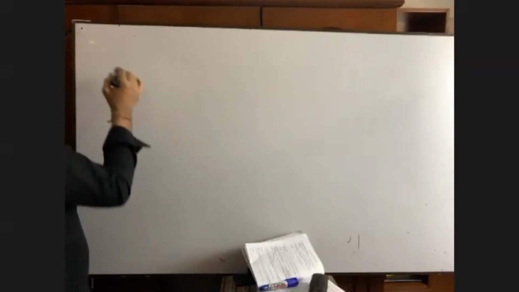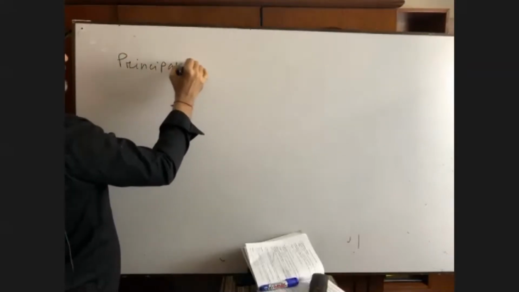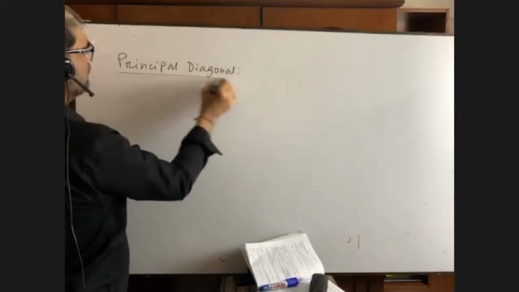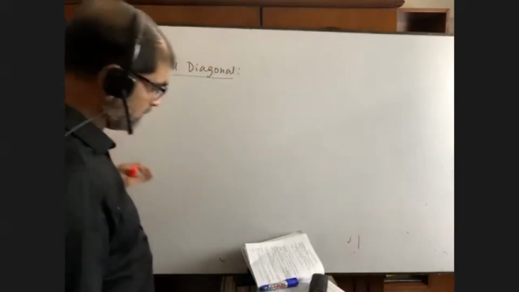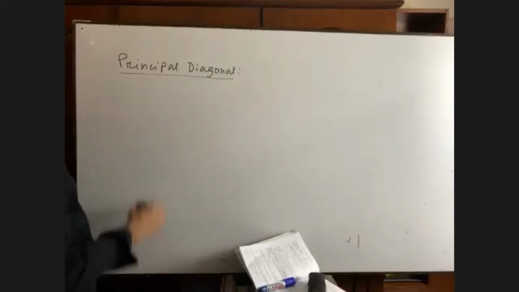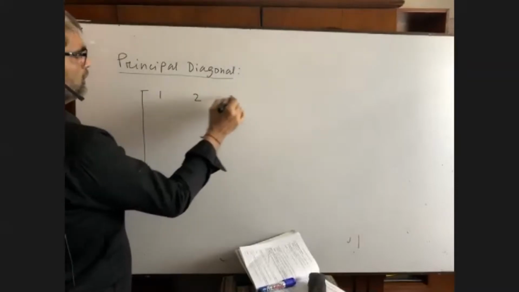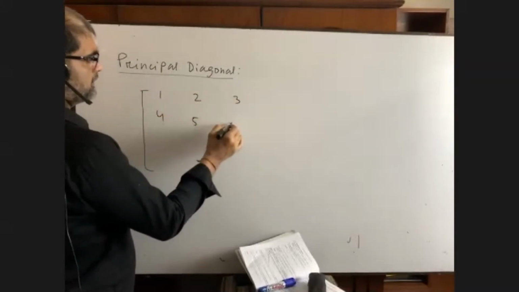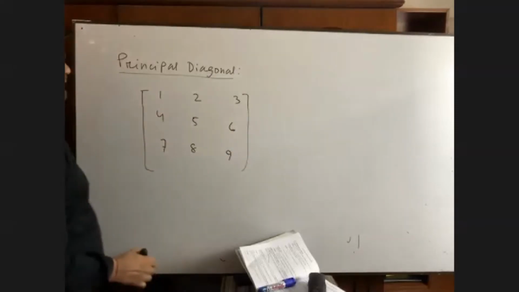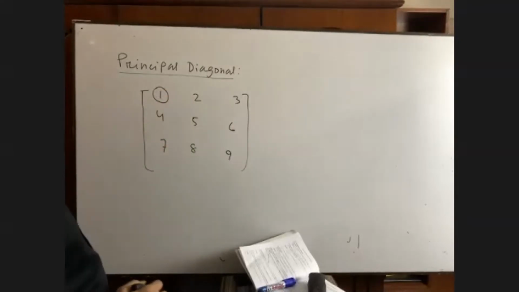You write down principal diagonal. I think all of you will come to understand what the principal diagonal is. Take any matrix, suppose 1, 2, 3, 4, 5, 6, 7, 8, 9. Can you tell me what the entries are?